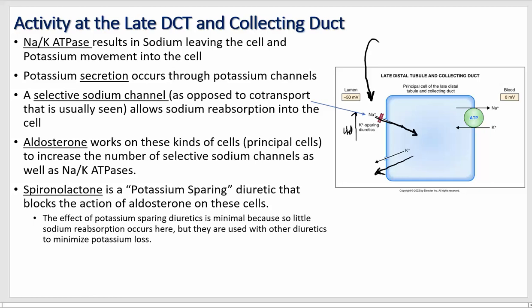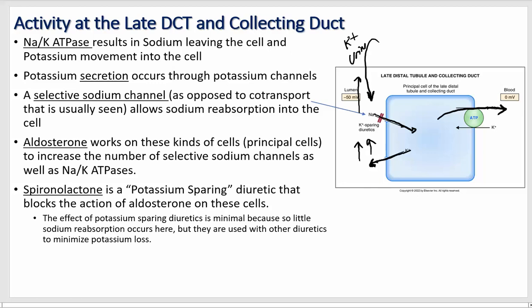I'm trying to talk about both the diuretic function and the actual function. The actual function is that sodium is reabsorbed and moved back into the body, and then potassium is dumped into the tubule, and you lose the potassium. So potassium leaves as urine.